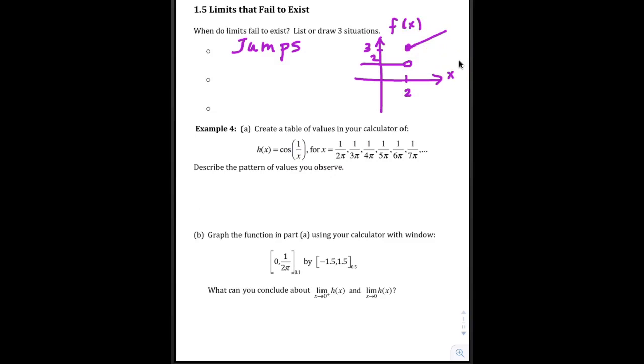I don't know if you thought of any others, but we could also have vertical asymptotes. And another kind of behavior, called oscillating behavior, that we're going to study in this next problem.